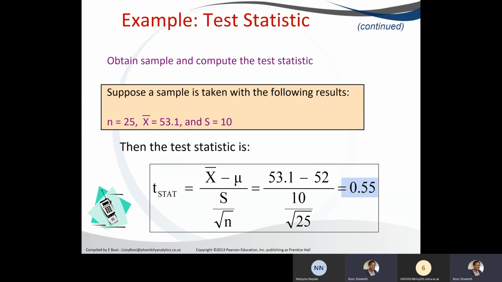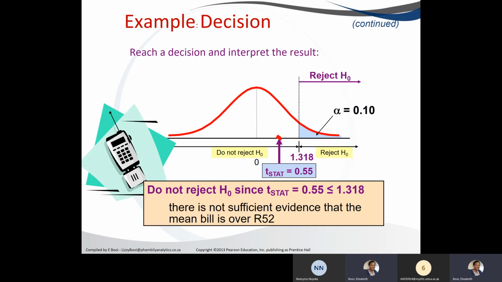Step number 5, we calculate our test statistic and we find that our test statistic is 0.55. Make a decision. Remember, our critical value was 1.318, and we calculated the test statistic as 0.55.